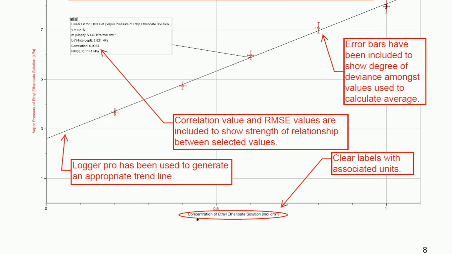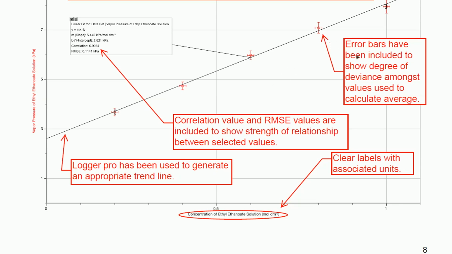As you can see here, the student has clearly labeled the x-axis as concentration of ethyl ethanoate solution in moles per decimeter cubed, and relevant units are included and very clear. On the y-axis, we have vapor pressure of ethyl ethanoate solution, and also our kPa representing the pressure unit that was used to record the values.